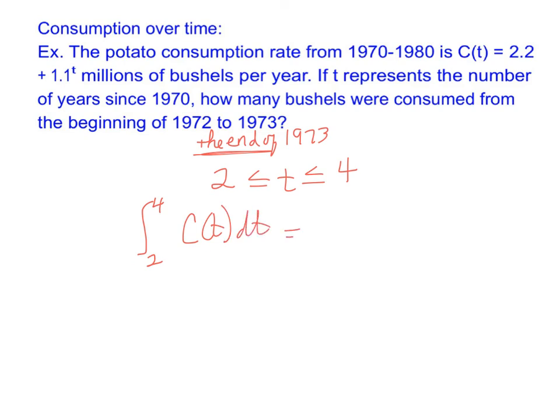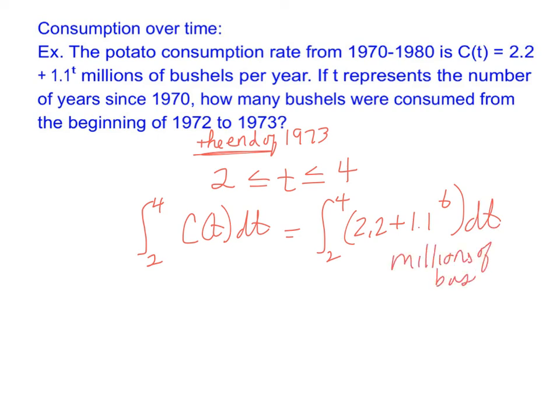So if you replace it with the actual function, you've got the integral of 2.2 plus 1.1 to the t dt, that would be millions of bushels of potatoes, right? Put it in your calculator, and you would get 7.066 million bushels consumed between the beginning of 1972 and the end of 1973.